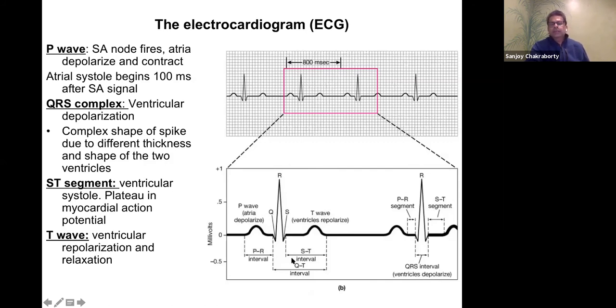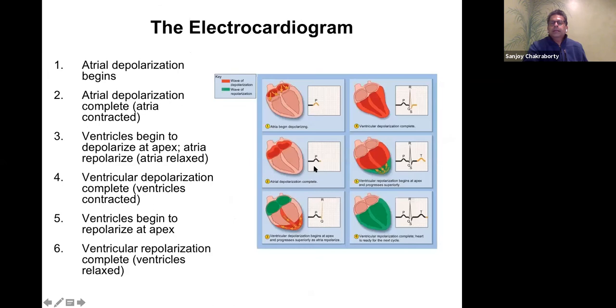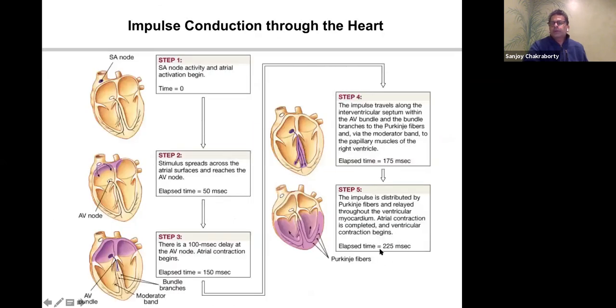And obviously those intervals mean something happened right after that. Now, one very interesting thing to note. The entire electrical activity from P wave to QRS complex to T is 225 milliseconds, because right here, we just studied that it takes 225 milliseconds for the total time required for the electrical activity.